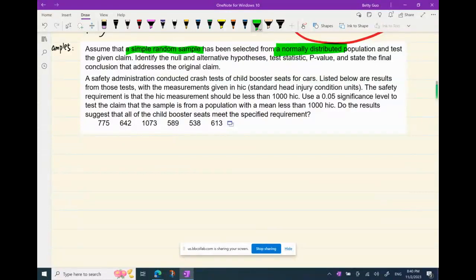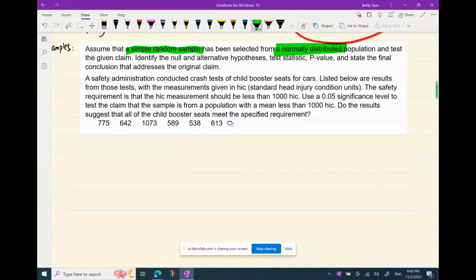A safety administration conducted crash tests of child booster seats for cars. Listed below are results from those tests, with the measurements given in standard head injury condition units.